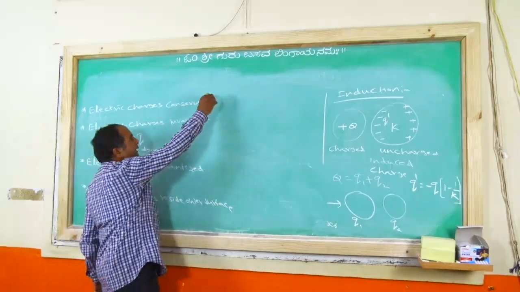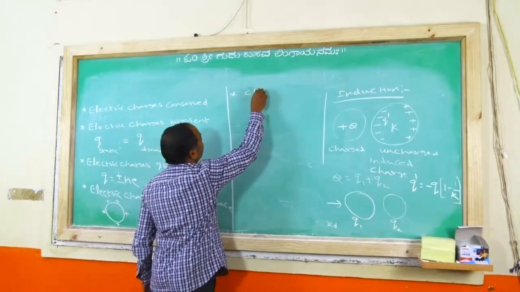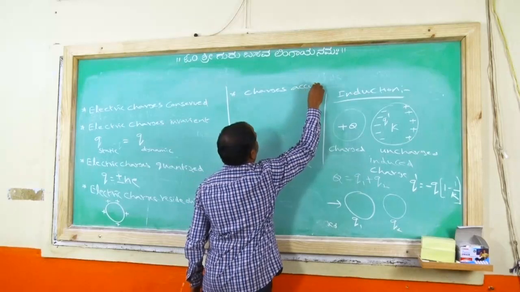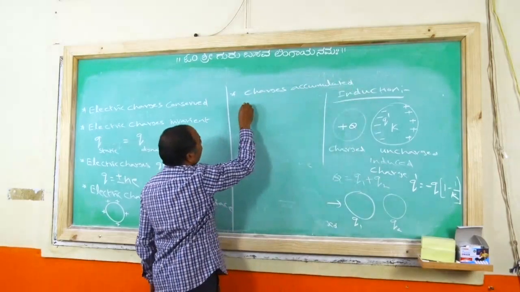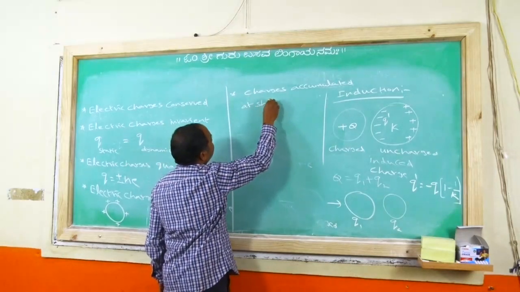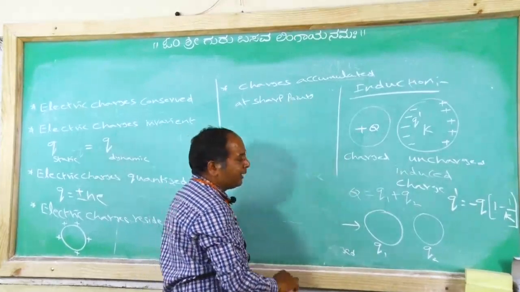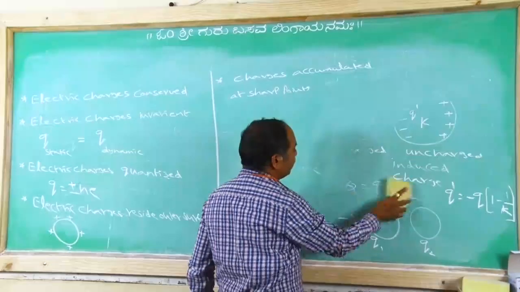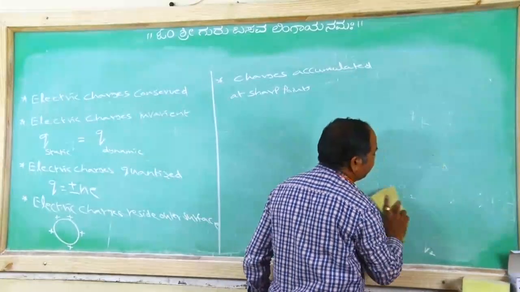The next important property regarding electric charges is that charges accumulate at sharp points. Accumulated means they are going on increasing, that means they are crowded.